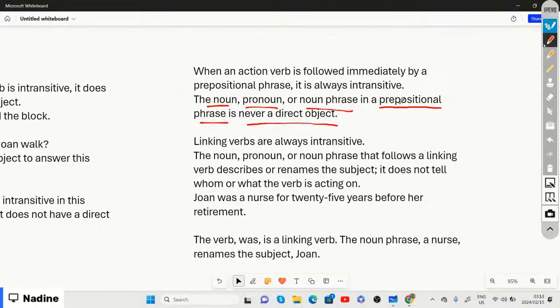Remember, we said that an intransitive verb does not have a direct object. So when an action verb is followed immediately by a prepositional phrase, it is intransitive. Keep in mind, intransitive verbs do not have a direct object.